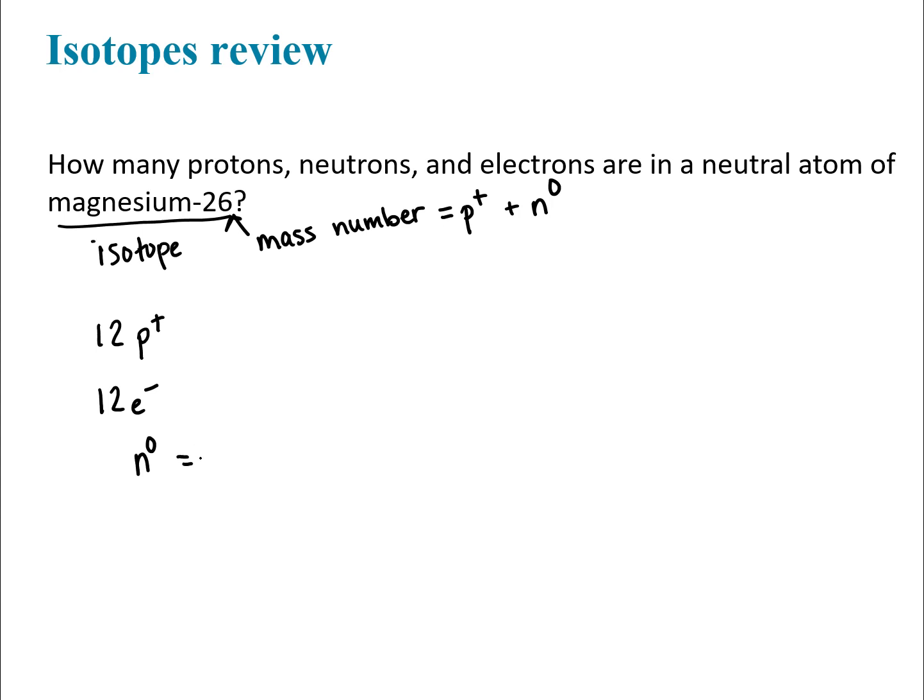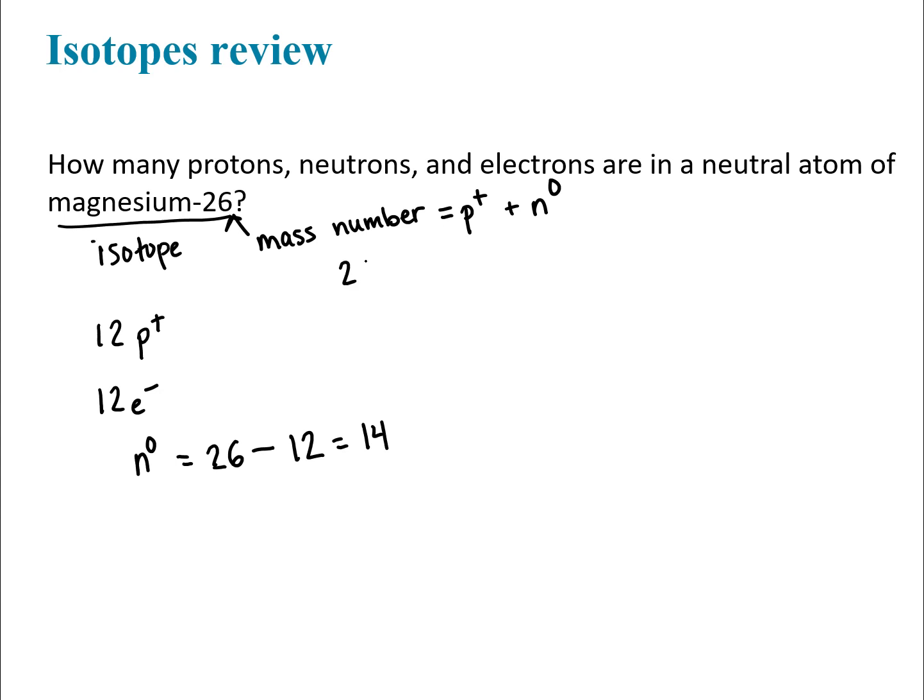So if we know that the mass number is equal to 26, and that out of that 26, 12 of those things are protons, that leaves 14 neutrons. So I'll write it as kind of an equation up here.